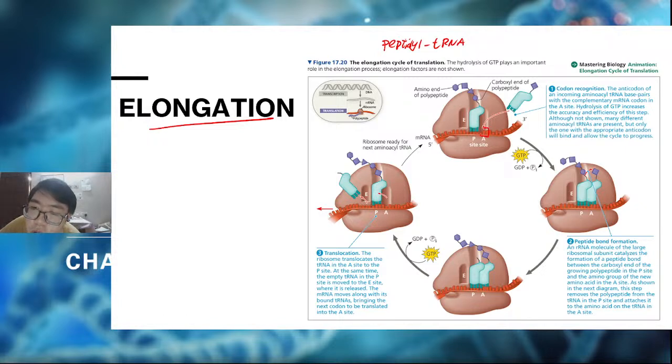If you see these 3 codons. So the A site, based on the codon information from the mRNA, the respective anticodon will bind to the A site.